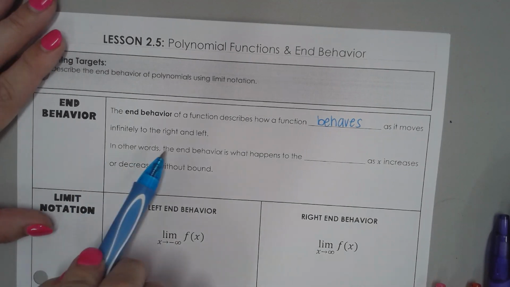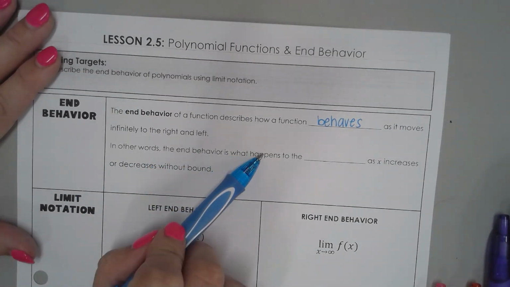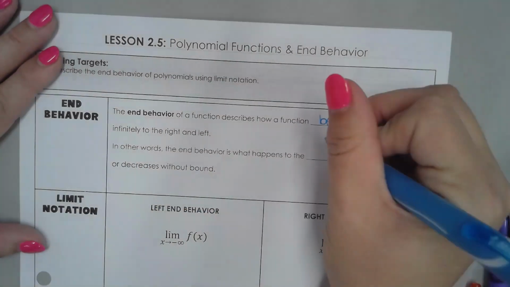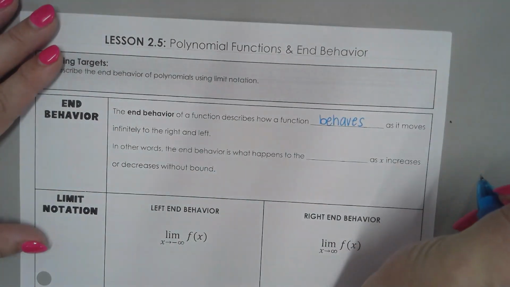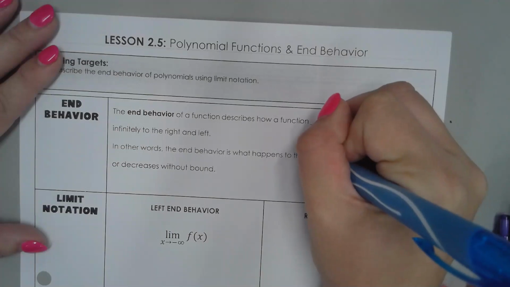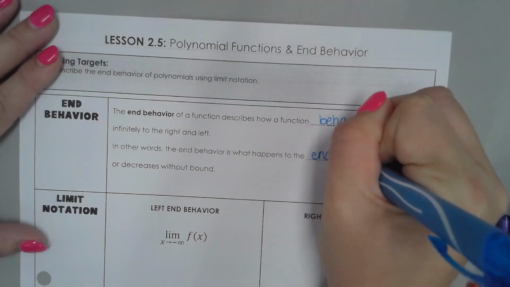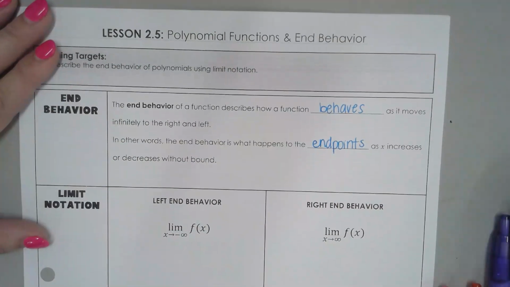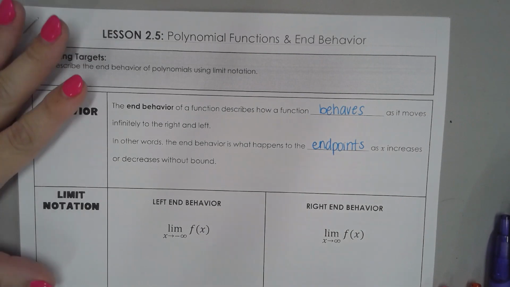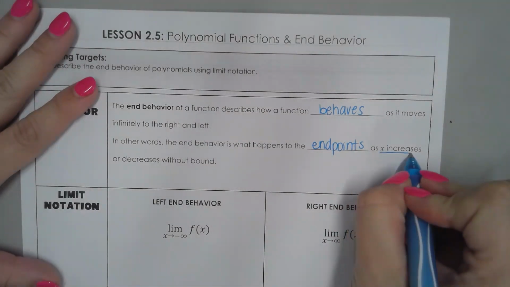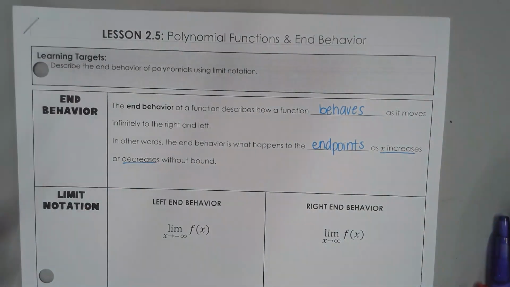So in other words, the end behavior is what happens to the endpoints, or the ends, or the arrows, as x increases or decreases forever and ever.